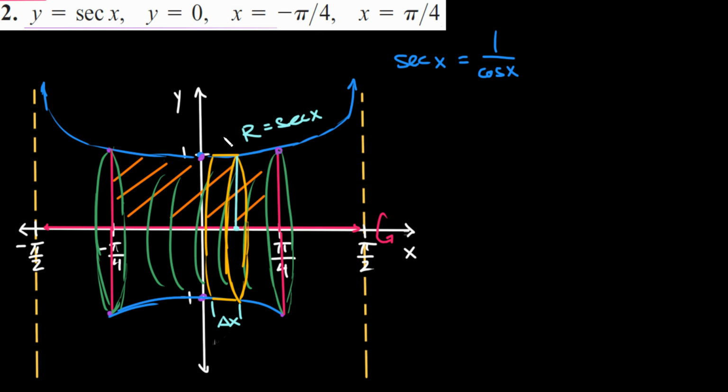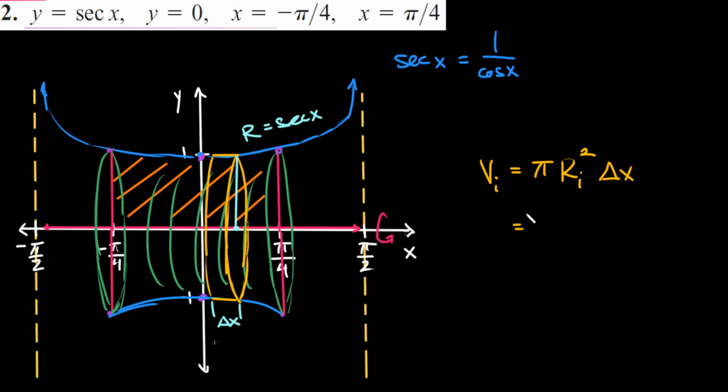So for any given disk, let's say it has volume V sub i, and its volume will be given by the area of the face here, which is pi, let's call it r sub i, the radius for that, squared, times the thickness of the disk, delta x.